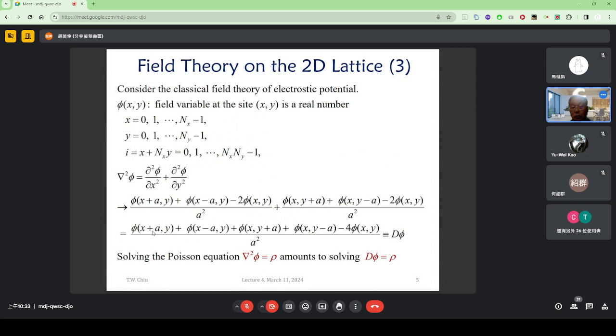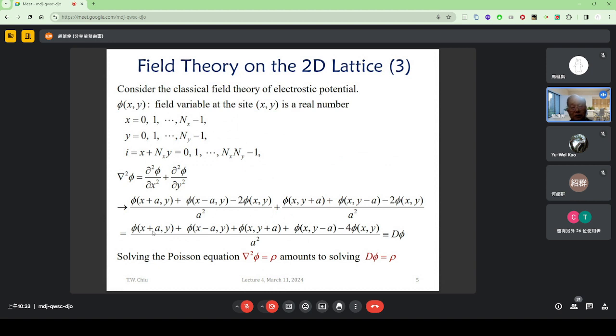So we can generalize to any dimensions. But on a 2-dimensional lattice, the number of non-zero elements on each row, or with respect to each site, is only 5. There's 1 diagonal element, and then there are 4 off-diagonal elements.